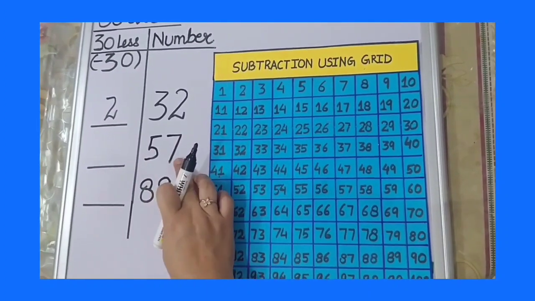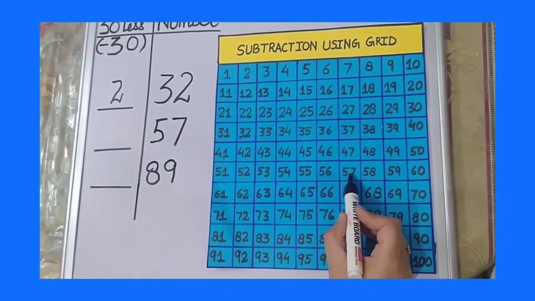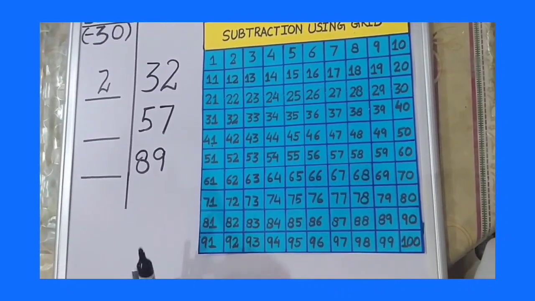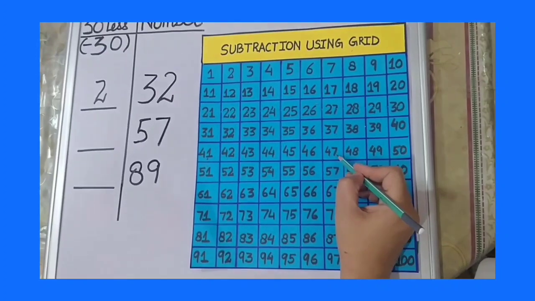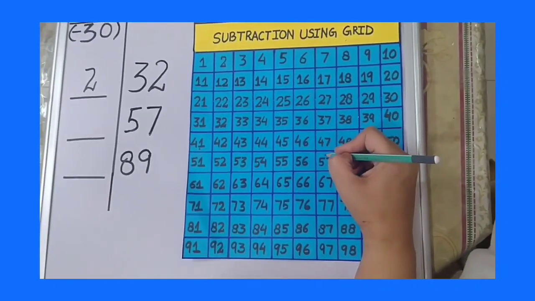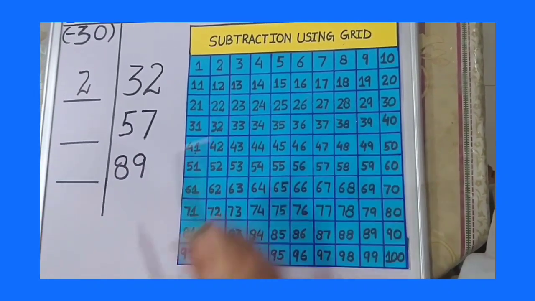Now the next number is 57. 57 minus 30. So we will move 3 rows above. 1 row, 2 rows and 3 rows. So 57 minus 30 will be 27.